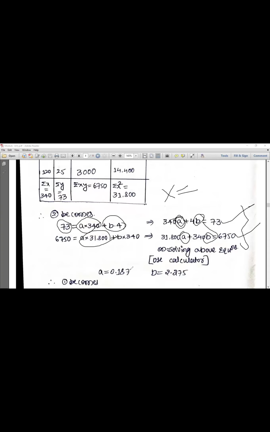So please take it as a. The next unknown value is y, so the second unknown here is b. You take it as b. On solving these two equations, I am getting this. Directly use the calculator only.